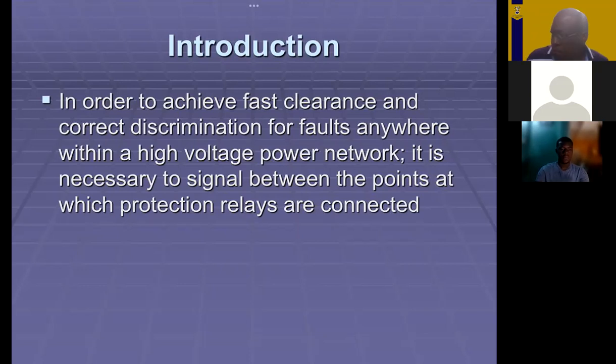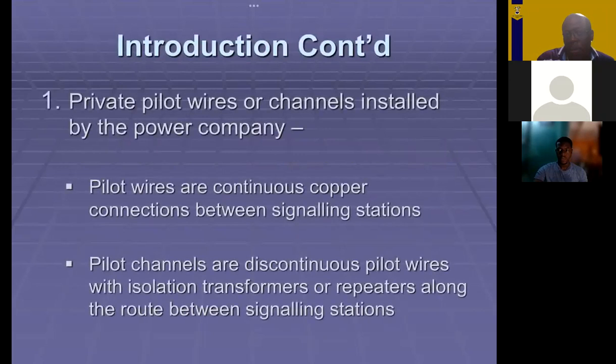All right. So the links that are available to us, or the protection media rather, include, one, private pilot wires or channels, and this would be installed by the company itself.